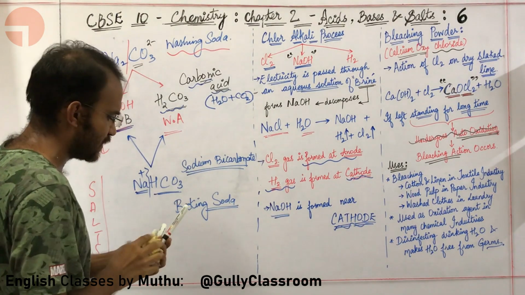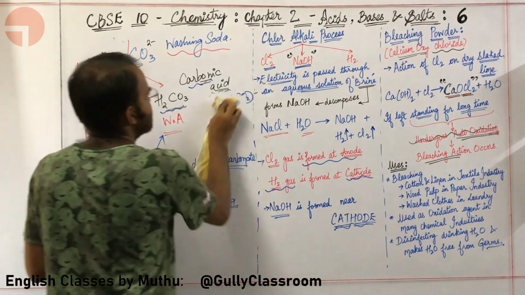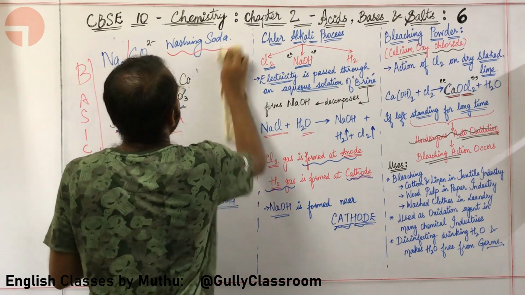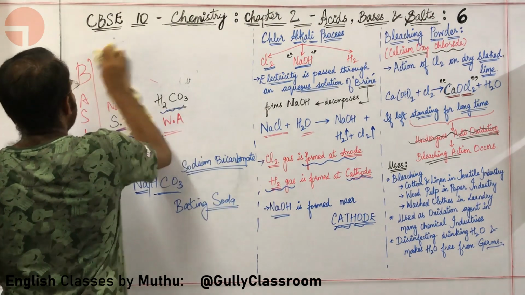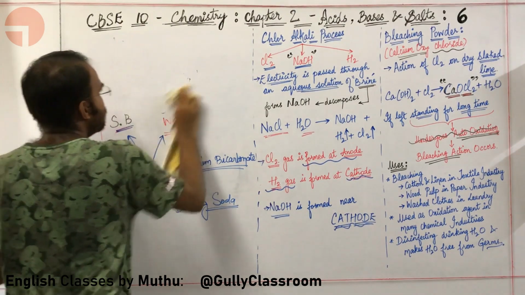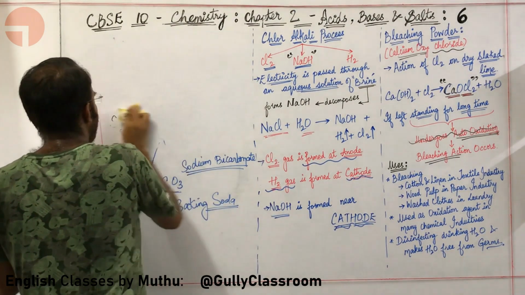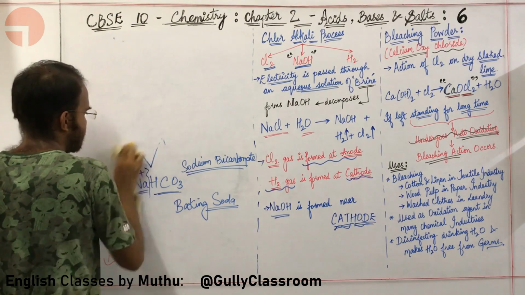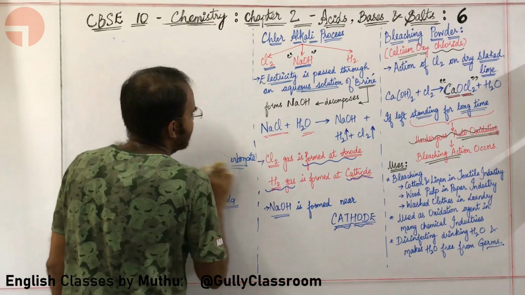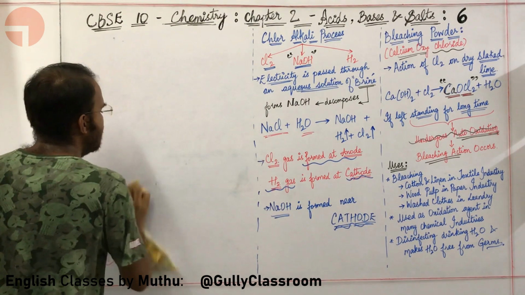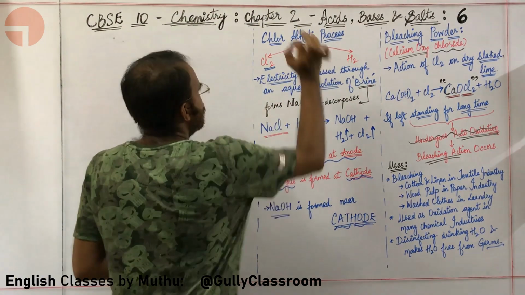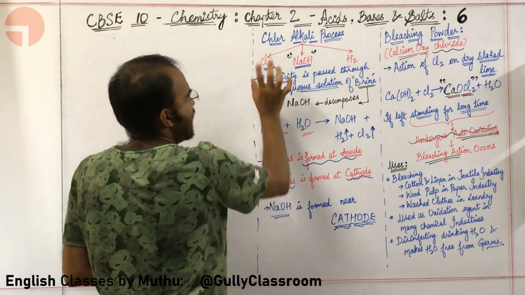The process is called the Chlor Alkali process because we are also getting chlorine as a product.